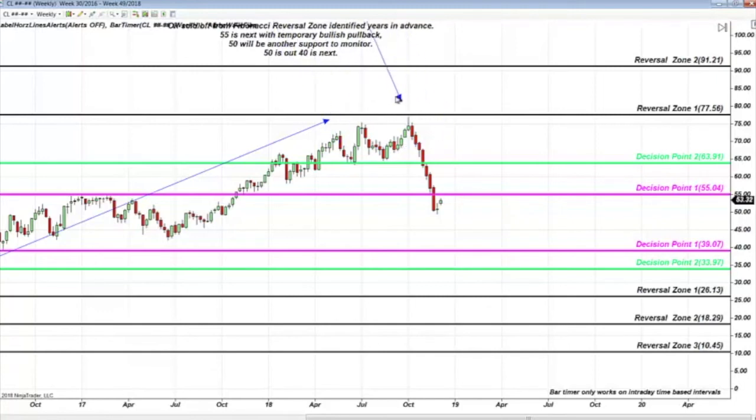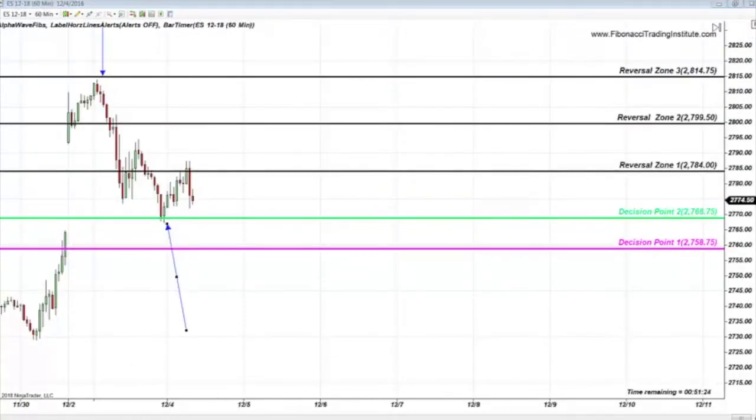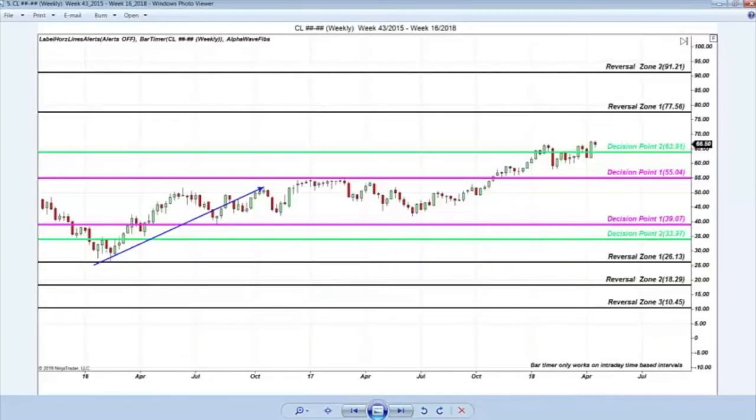Every single thing you learn in Fibonacci Mastery course in trend class you use not just for your day trading entries. Bright green line was famous 64 on oil. Remember this level. Key Fibonacci support.